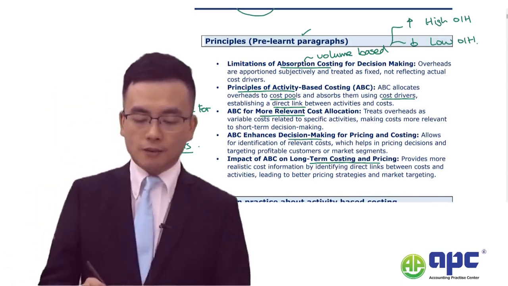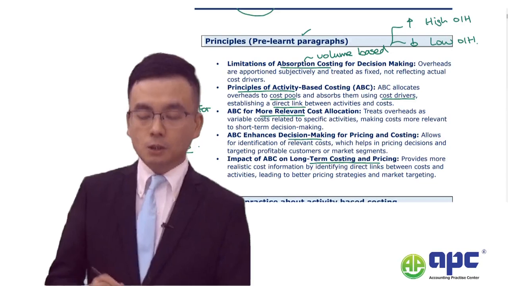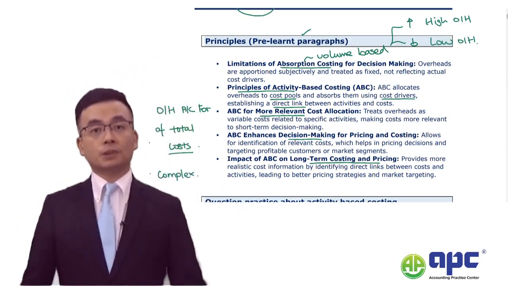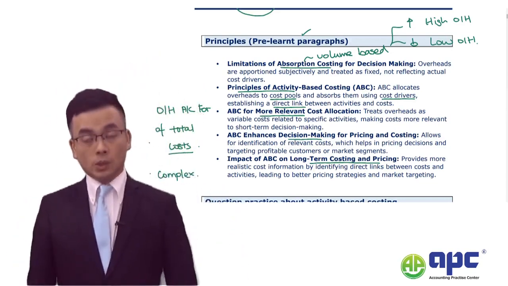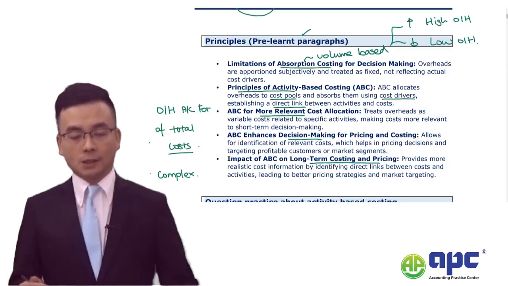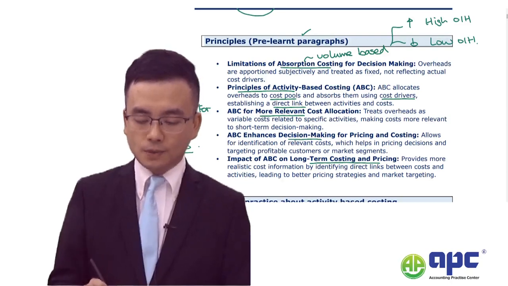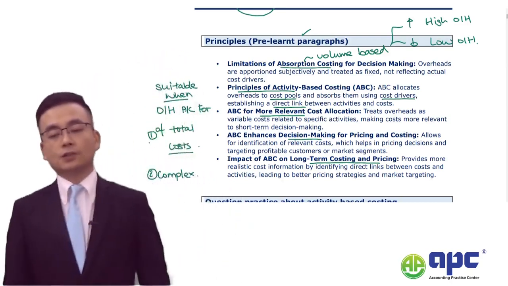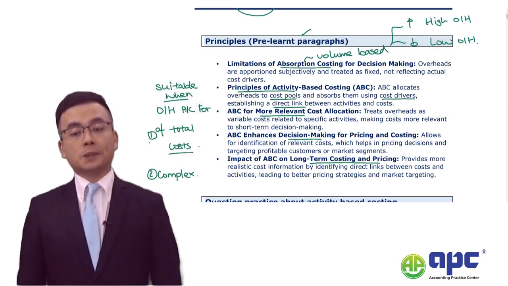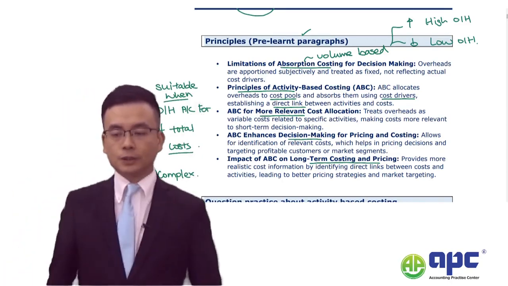Besides, if the product is quite complex, for example, the product requirement itself, production itself, the way they produce the product, quite complicated, yes, we can use ABC. Now, suitable when? If you are these two, in each of your time that you are discussing about ABC, of course, very likely you will score full marks on that.